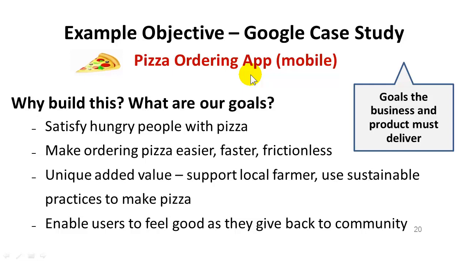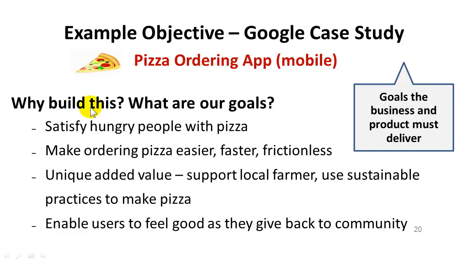In the first video they're talking about identifying the goals the business and product must deliver. So we're looking at business goals, and the goals of the product that we're developing, which is the mobile application.